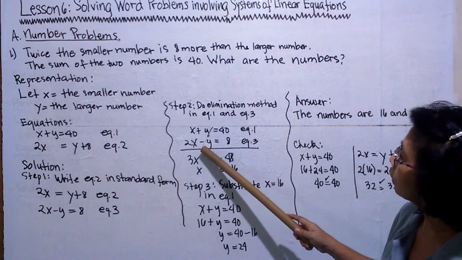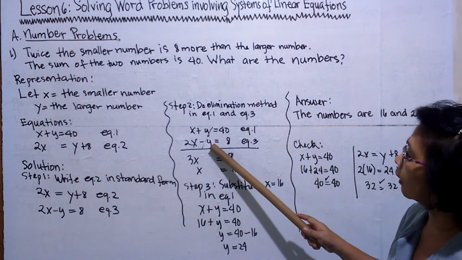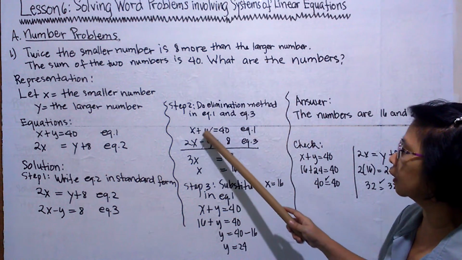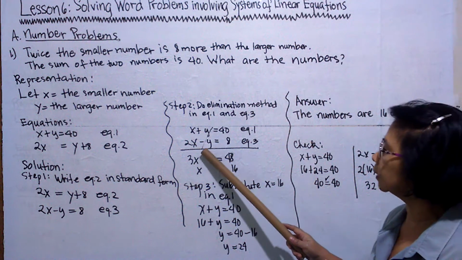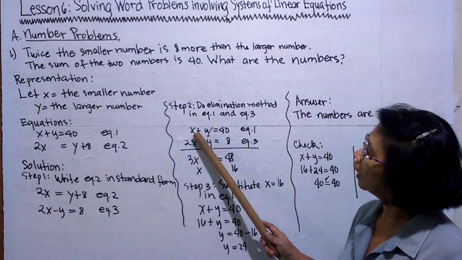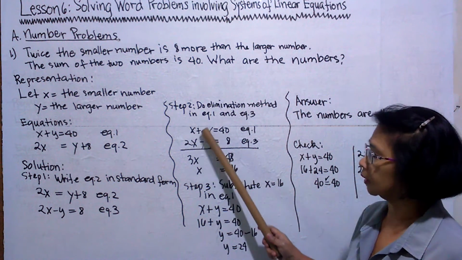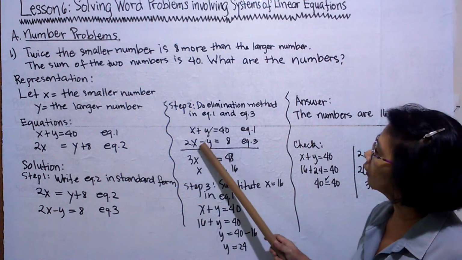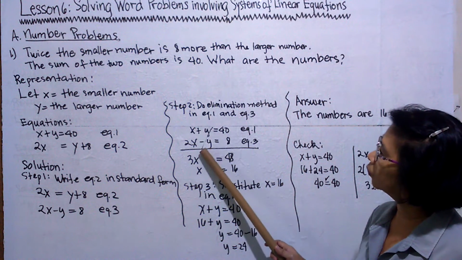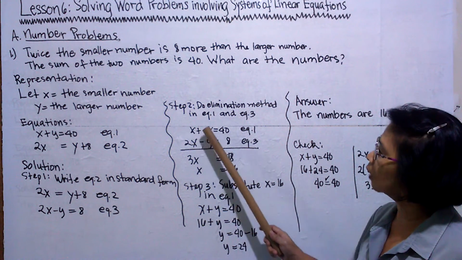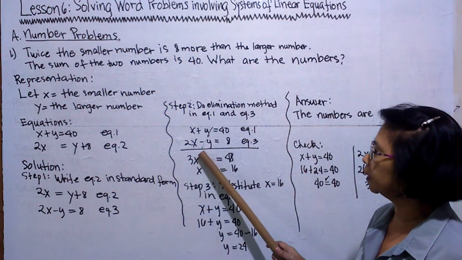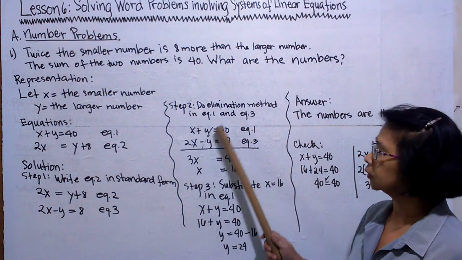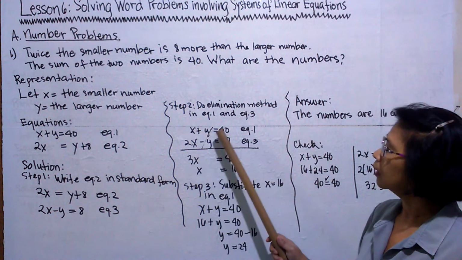You will notice the y's have the same numerical coefficient, which is 1, but the signs are opposite. Since the terms are the same with opposite signs, when added they will give us 0. So this is cancelled.